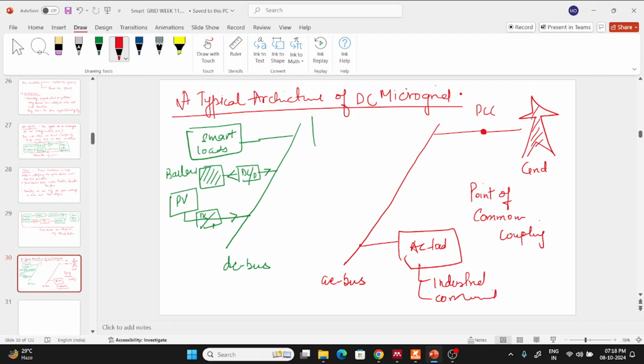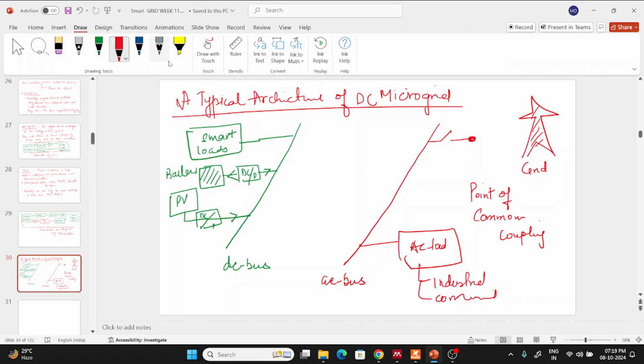these ACs are connected to the AC loads which are industrial, commercial also. Okay, so there are various switches which are connected. I will draw it here first. This is switch 2. Okay, just a second. It is point of common coupling.